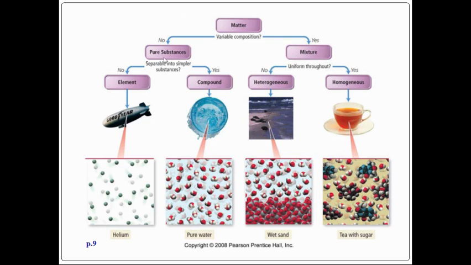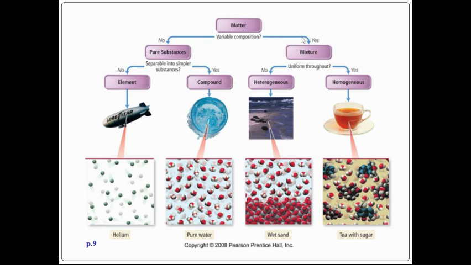If it's a pure substance, you'll know that we have elements and compounds, where when you look at the actual microscopic representation of those two types of substances, that's all you have in the actual substance. That's what classifies it as pure, okay? In pure water, you're only going to find that molecule H2O. In helium, you will only find that atom of helium. That is a pure substance.